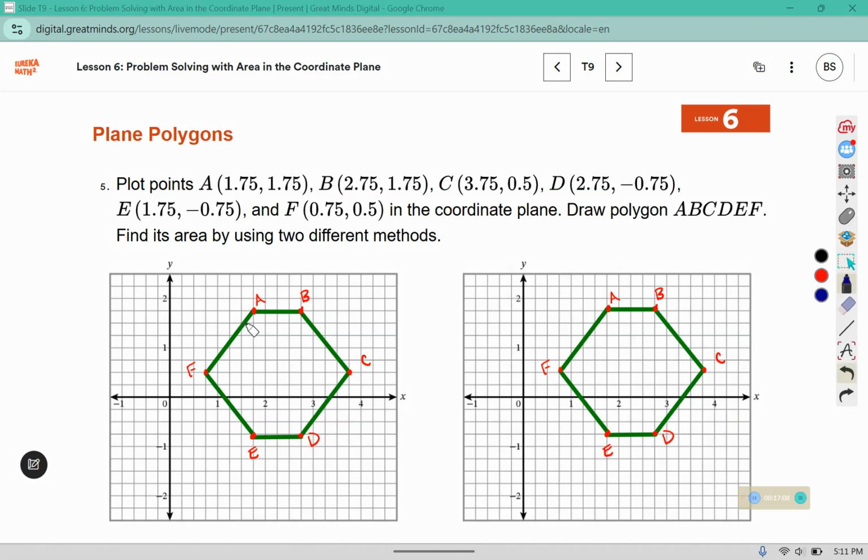I'm going to start by cutting this one into a rectangle with two triangles.